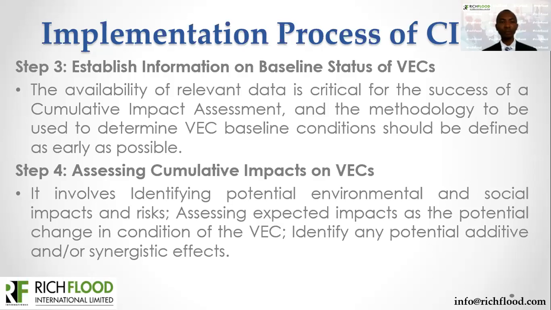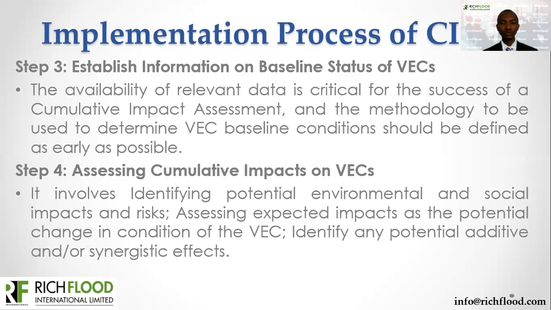Maybe you discover that some plants are wilting, the growth of the vegetation has been stunted, or you discover that the quality of the soil in terms of the chemicals has increased. So these are indicators that you could use and direct your attention to as a way of understanding the baseline condition or predicting the future effects, the cumulative impact of a project within an area.